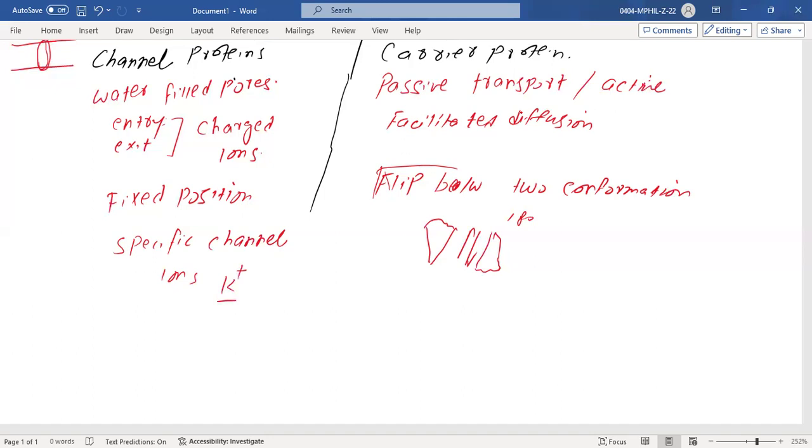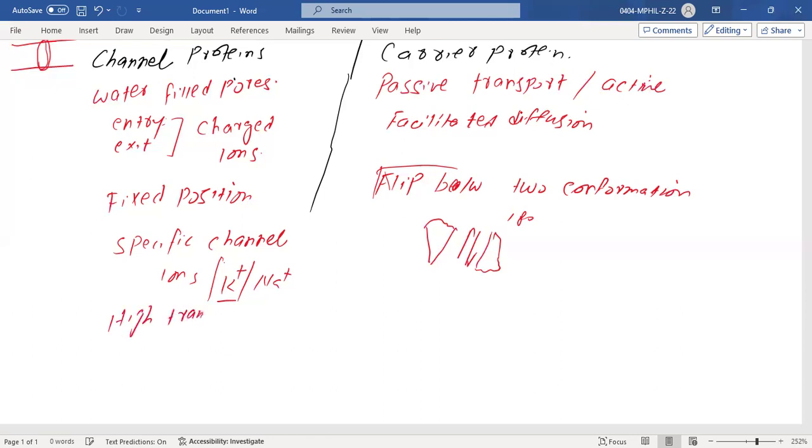There are potassium channels, and similarly you have sodium channels. So they transport very specific ions through them. They have a high transport rate.